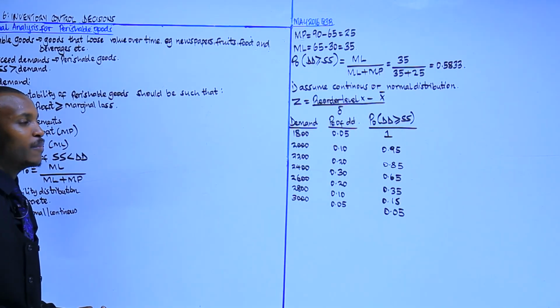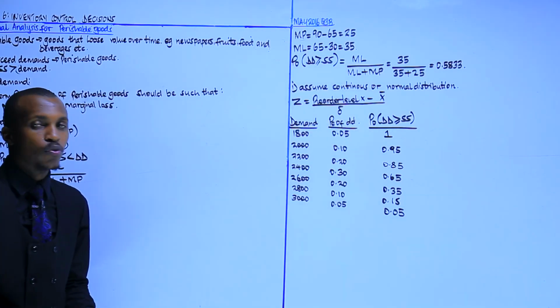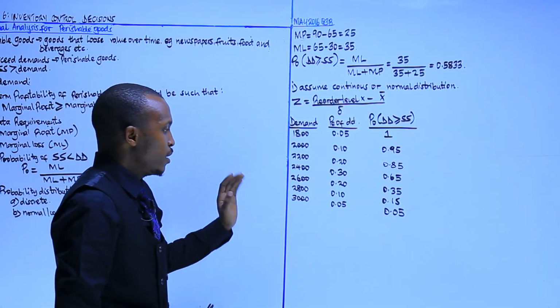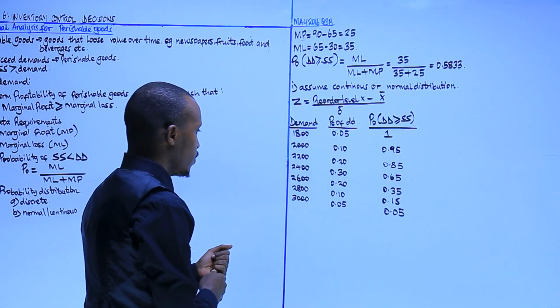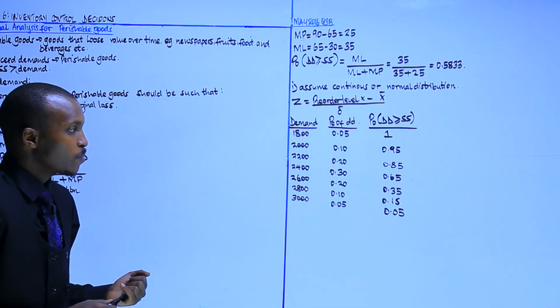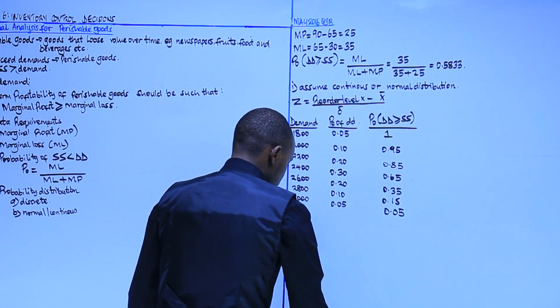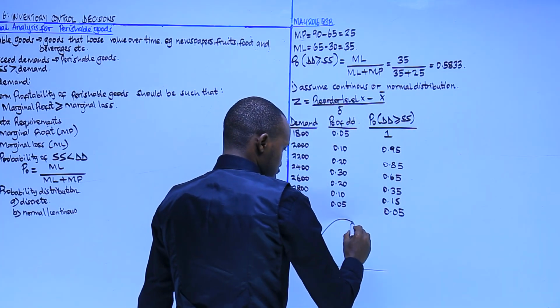Remember, we want our demand to be more than supply. Now that we have that, we are assuming that ours is a normal distribution, or continuous.